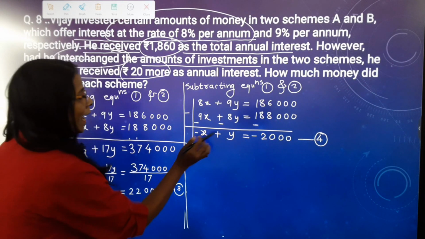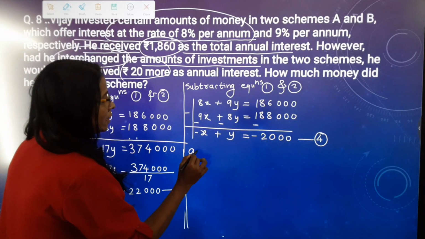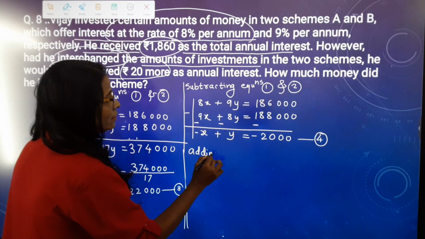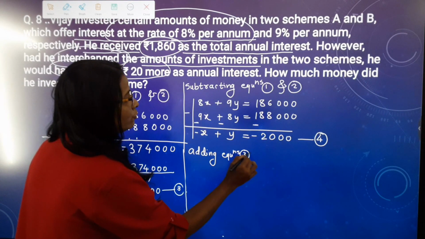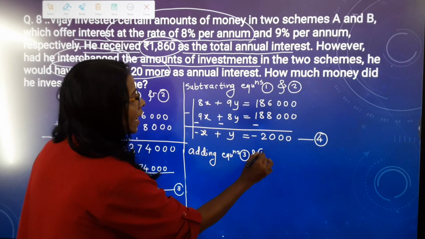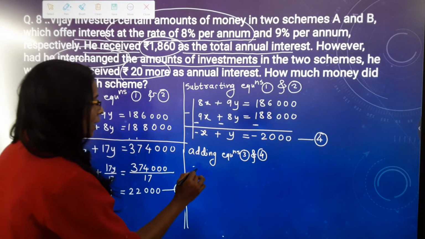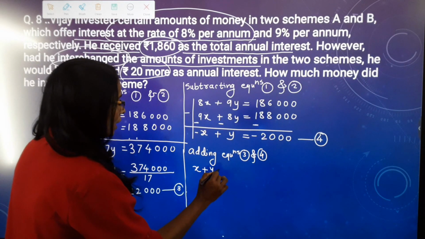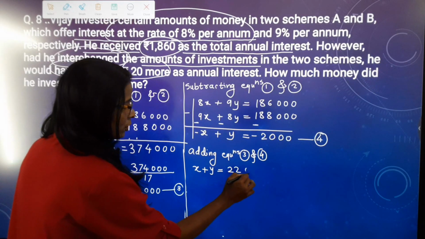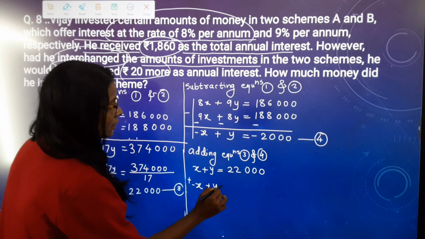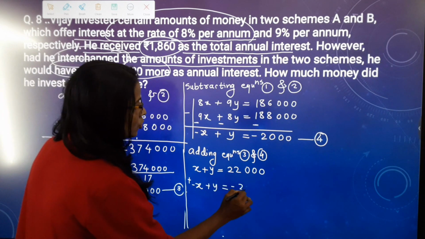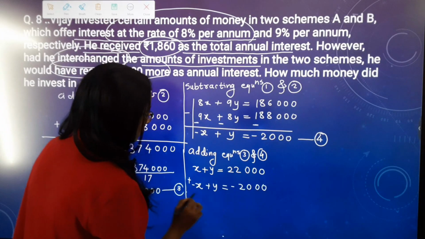Then the next process is adding equations 3 and 4. See here, students, x plus y is equal to 22,000, plus minus x plus y is equal to minus 2,000.